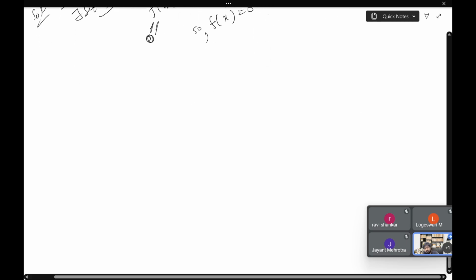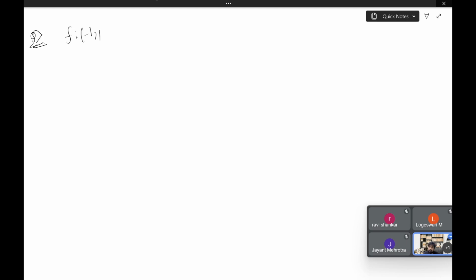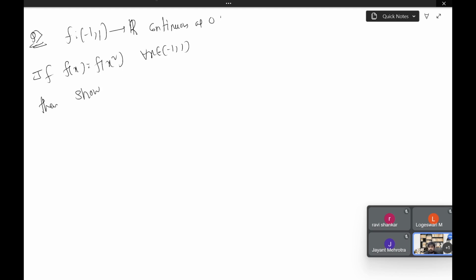Now comes the following problem. f from minus 1 to 1 to the reals is continuous at 0. Now, if f(x) is equal to f(x square) for all x belonging to minus 1 to 1, then show that f(x) equals f(0) for all x.